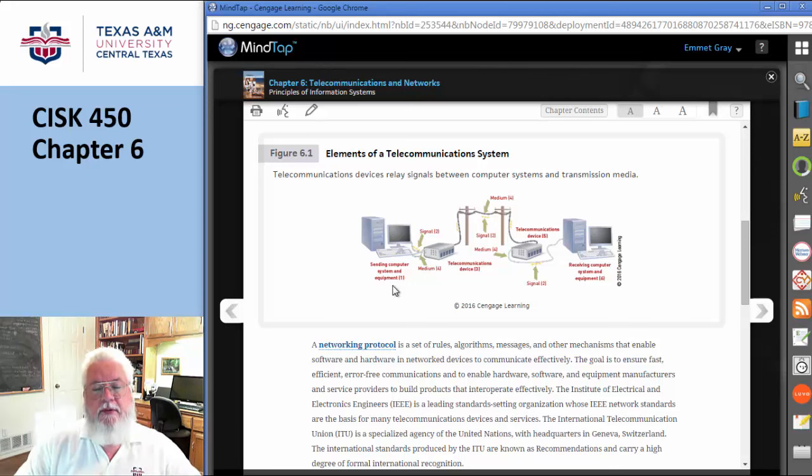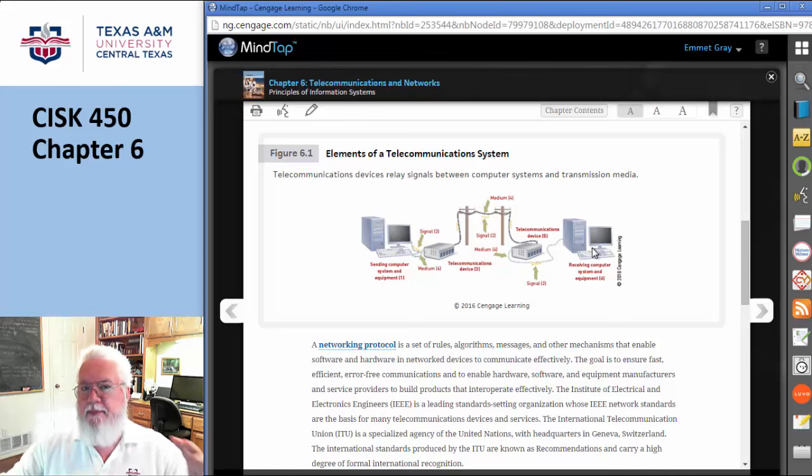You have to have some sort of a sending computer, right? Something that sends a message, and then that signal is put on a wire, and it goes to some sort of a telecommunication device, most likely some sort of modem, like this is at your home, and then perhaps a different type of signal gets thrown on a different type of media and runs across town and then goes to another device, and then the signal gets put on a different media and goes to another computer.